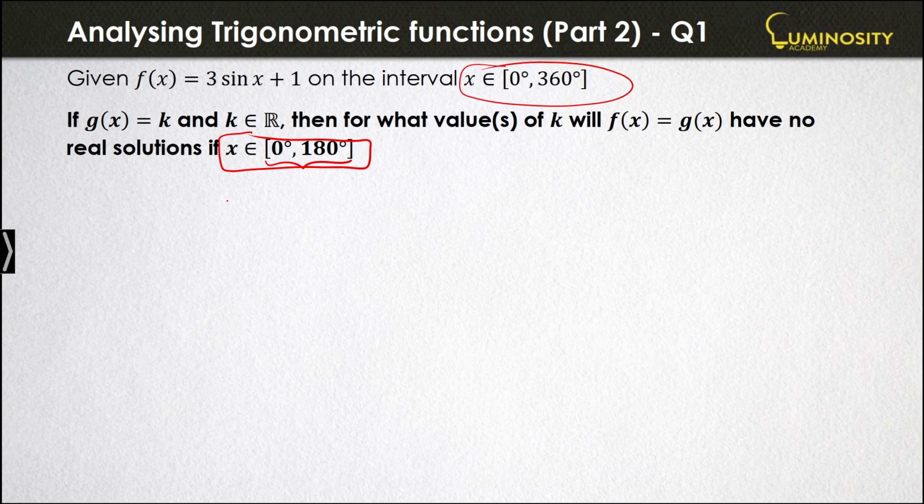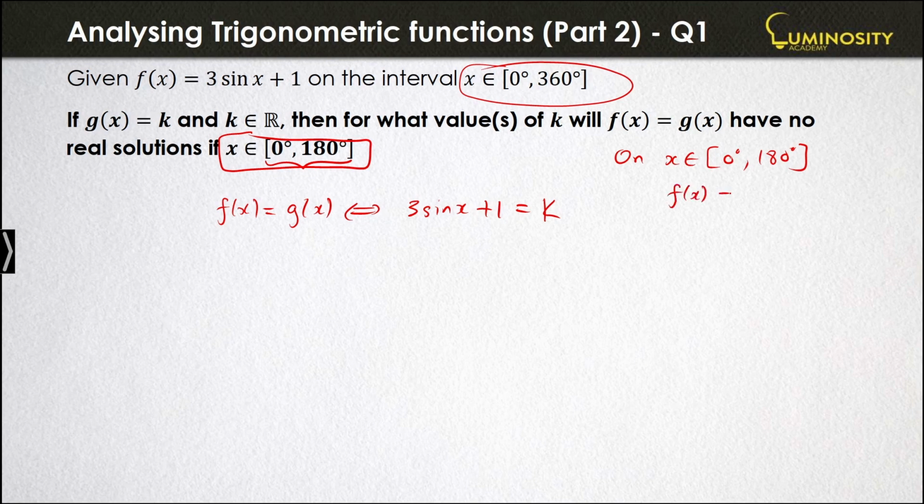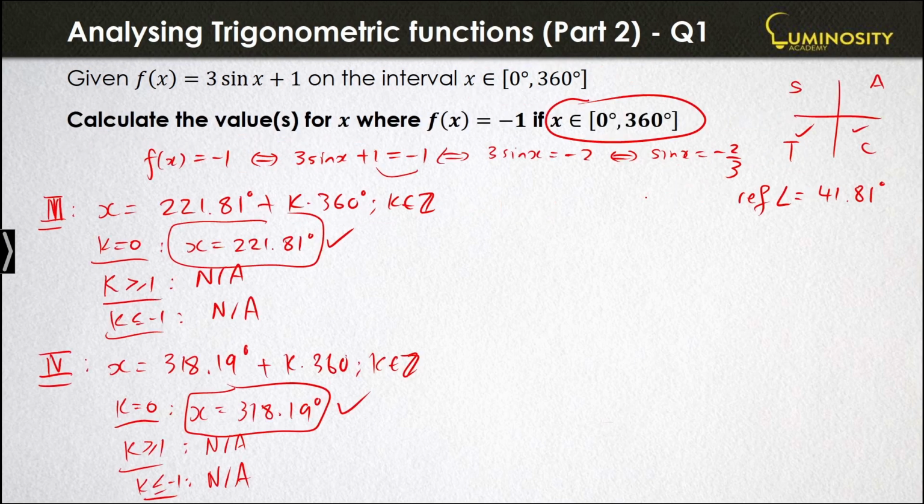So let's think about it algebraically. f of x equals g of x, if and only if, so these are the points of intersection. So f of x is 3 sine x plus 1, and g of x is k. So now, on x between 0 degrees and 180 degrees, what y values does the function f of x, which is 3 sine x plus 1, range between?